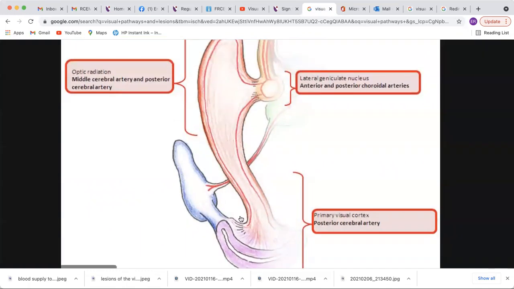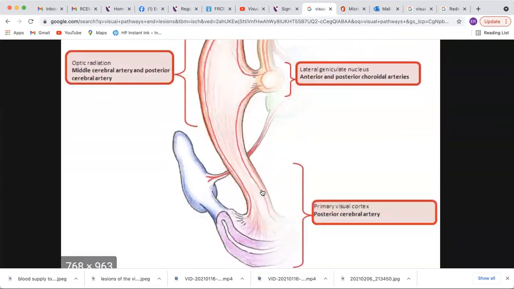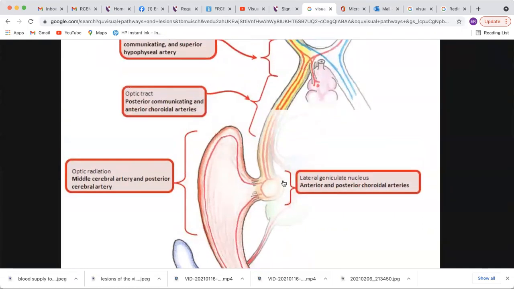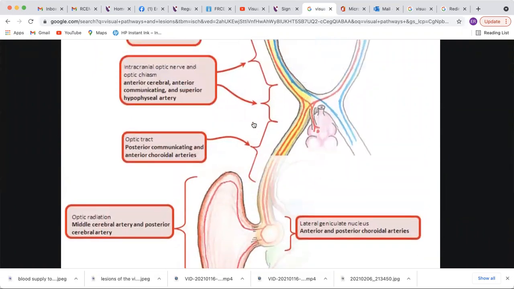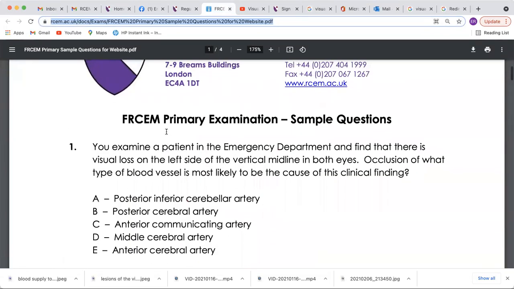So if we were looking at this area and the optic tract, the answer is either the posterior cerebral artery or the posterior communicating and anterior choroidal arteries. All right, let's go back to the question. Posterior inferior cerebellar artery does not supply the visual pathway.